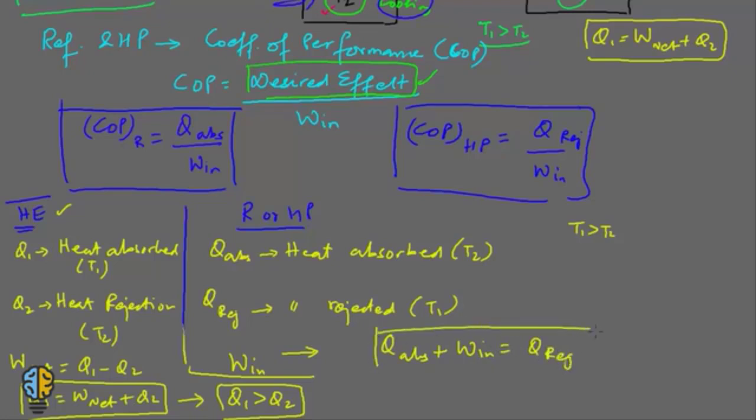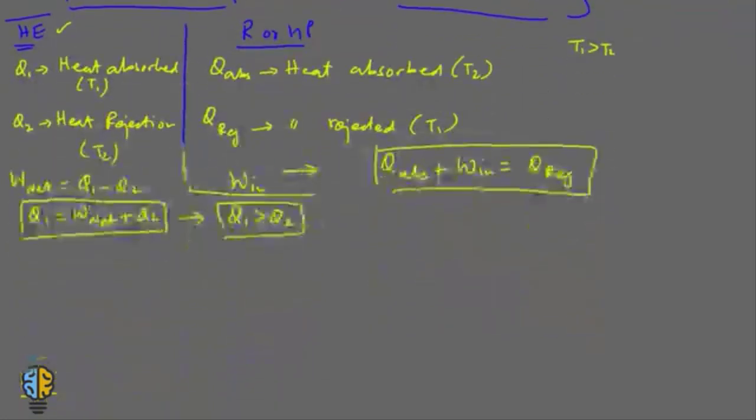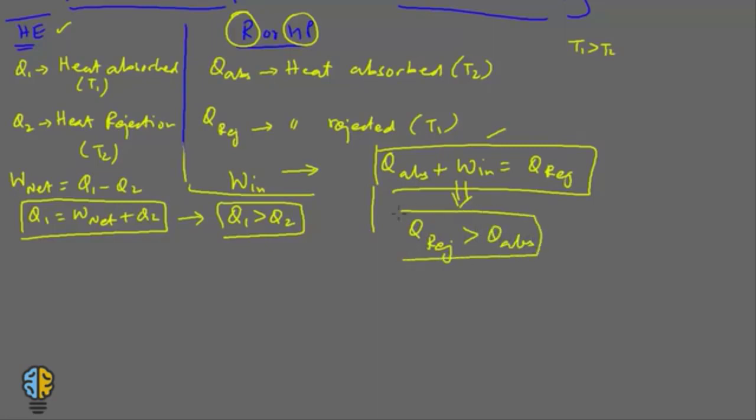So this is the relation. Okay. And this is true for both a refrigerator and a heat pump. Now in this, I can say that the heat rejected is greater than the heat absorbed. So this is a very big difference between a heat engine and a heat pump or a refrigerator. Right, so you should note down and understand this analysis between these three devices.